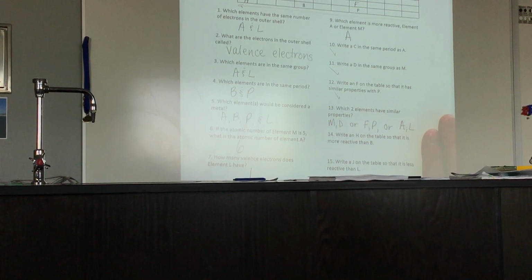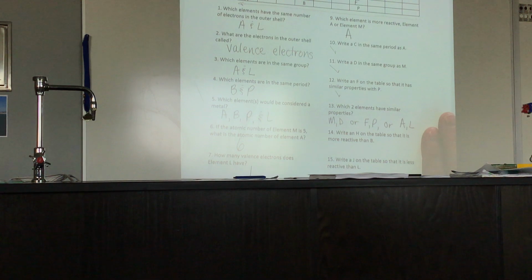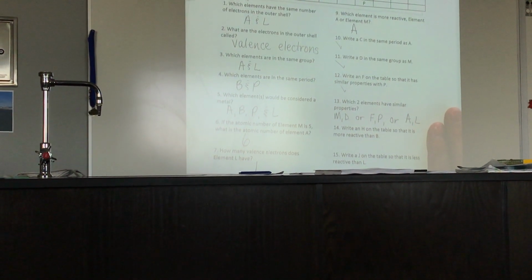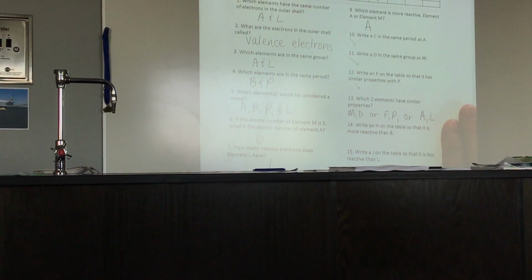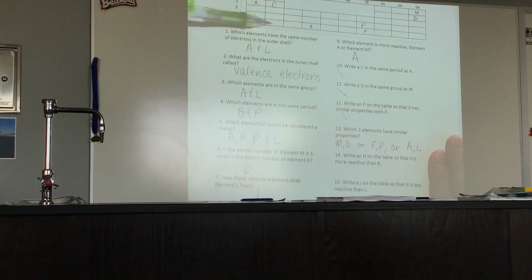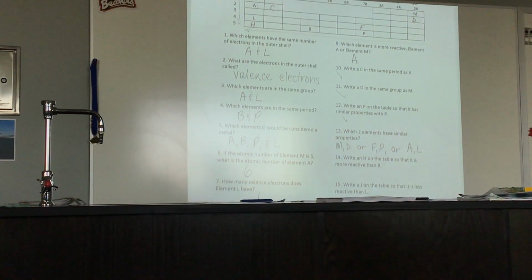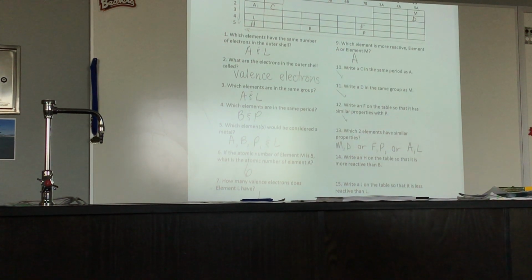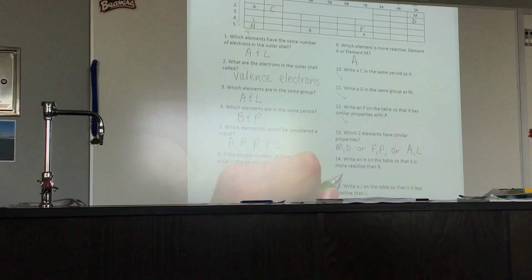Is there anywhere else I could put the H? Serenity, you also had raised your hand. Is there anywhere else I could have put the H? In these other 2 boxes, that's right. So anywhere in these 3 boxes would have been a place that we could have put H to make it more reactive than B. Hayden decided to put it in the most reactive spot on the table. I'm with you. I like it.